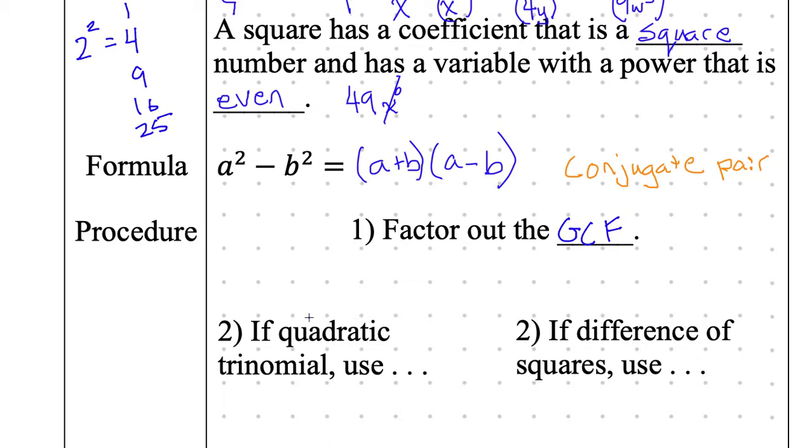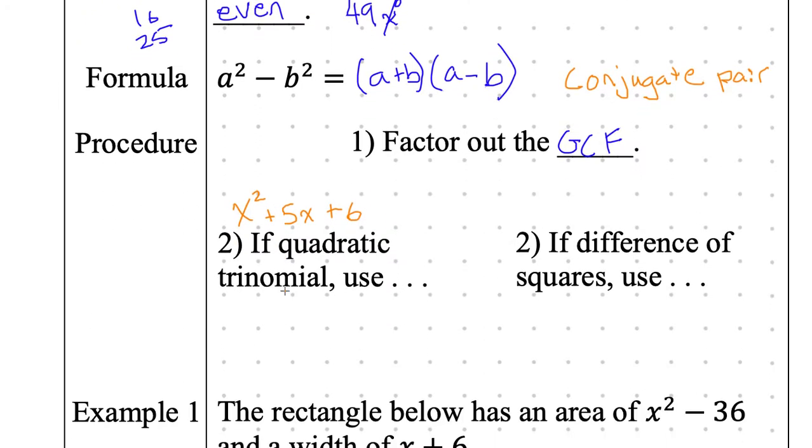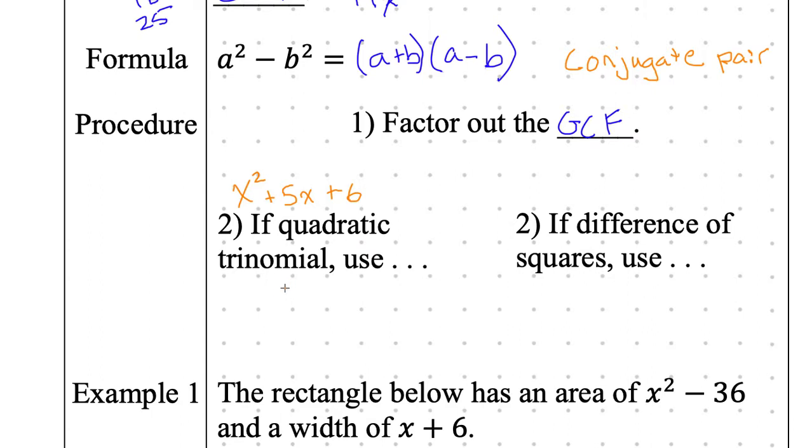If it's a quadratic trinomial, I'll give you an example of what that looks like. A quadratic trinomial looks like this. X squared plus 5x plus 6. This is a quadratic trinomial. If you see something of this form, x squared plus 5x plus 6, then I'm going to use, what's our tool that we use? Quiet raised hand. Only 2 people know this tool. We just did 2 lessons on it.